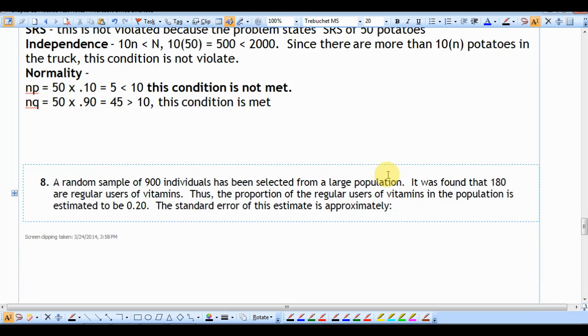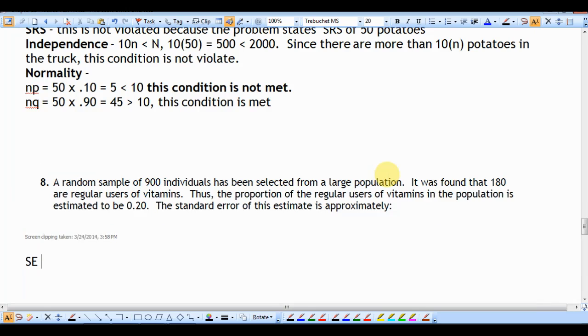A random sample of 900 individuals has been selected from a large population. It's found that 180 of them are regular users of vitamins. Thus, the proportion of regular users of vitamins in the population is 0.2. What is the standard error?